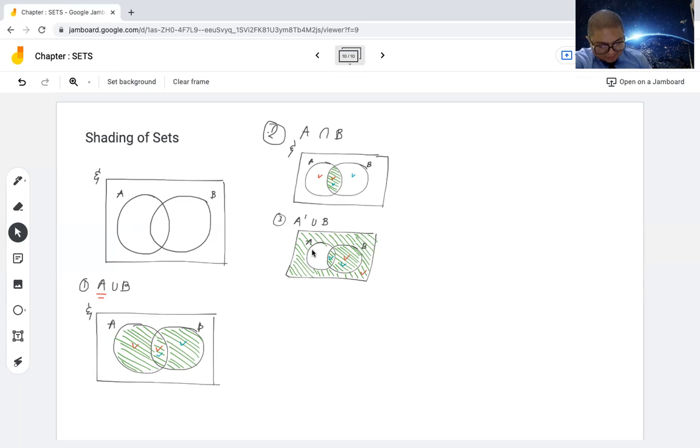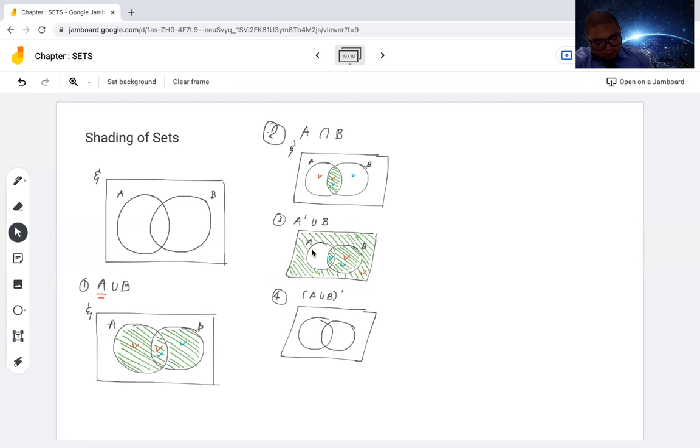Okay, so let's have some more. Question number 4. Let's try to have this one. The complement of A union B. Okay, so let's see.